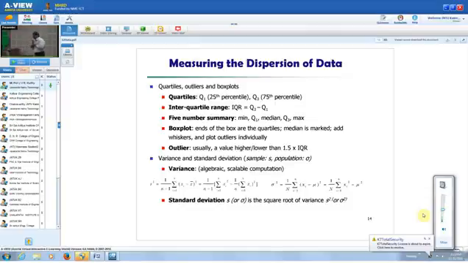So here also we consider the percentile concept. That means your 25% is called quartile 1. So 25% of the total data set points, where they lie, you draw a line there, and that is the first quartile.